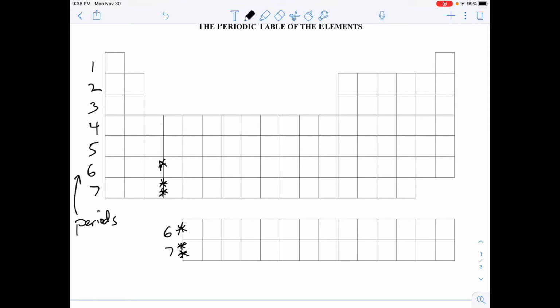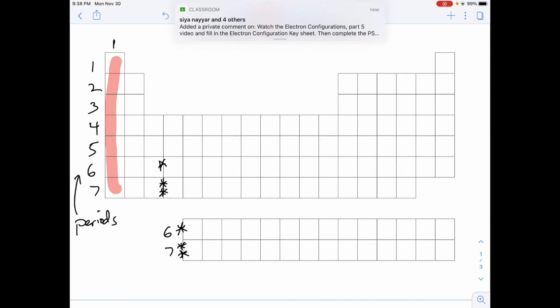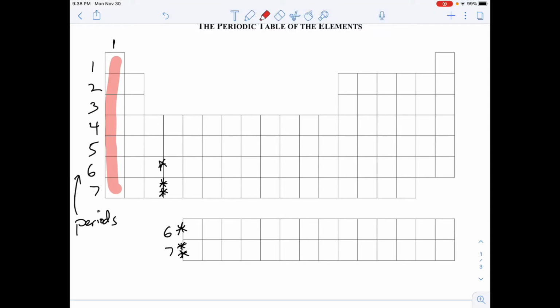Now, that creates columns, which all have similar behavior, right? All the atoms in this column have similar behavior. So we're going to call that a group. They're also sometimes known as a family, because they all have similar behavior.